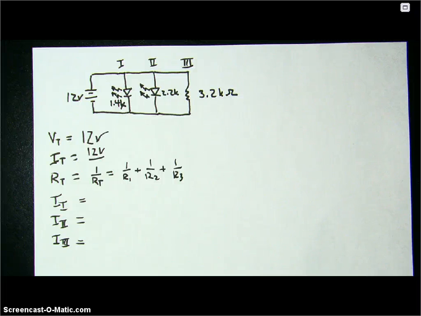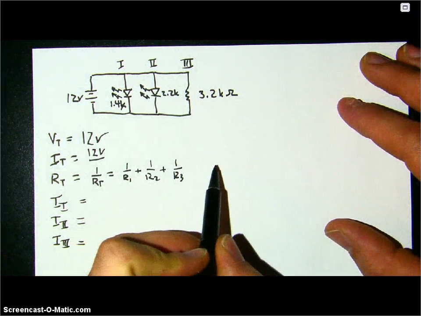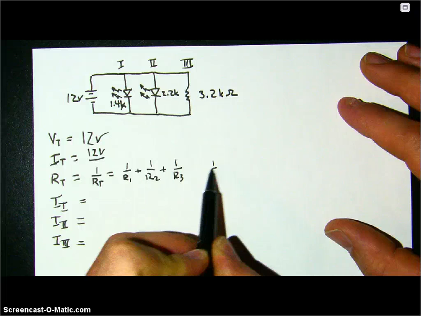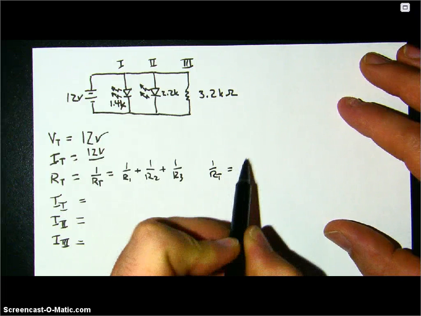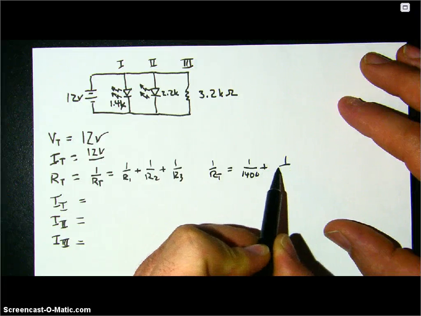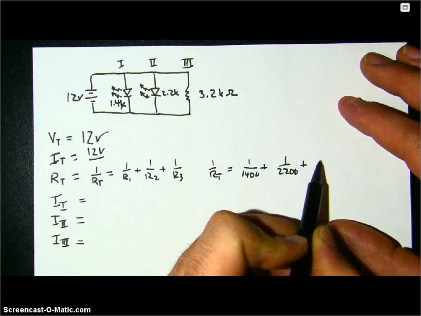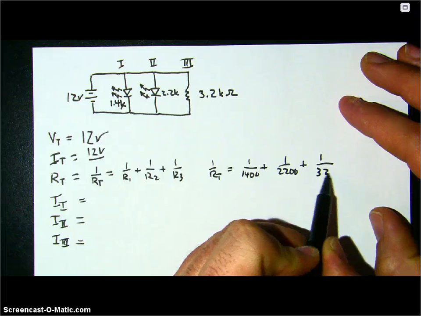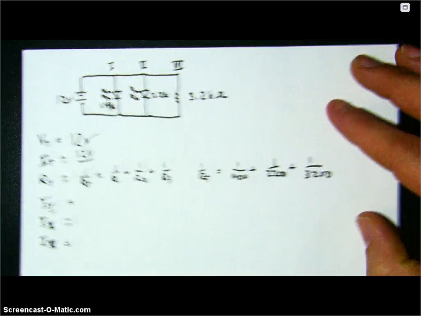So you should have put in 1 over RT equals 1 over 1400 plus 1 over 2200 plus 1 over 3200.